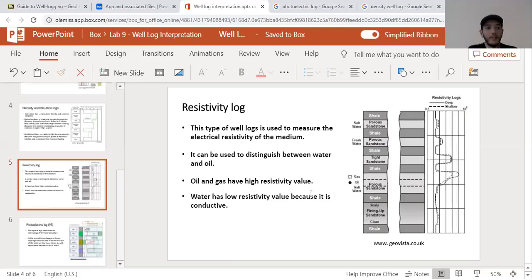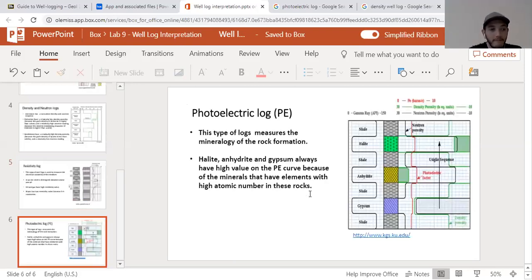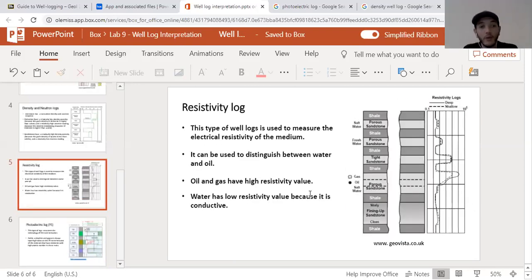Another type of log is the resistivity log. Actually, the resistivity focuses on the liquid trapped in the formation, and it's used mainly to measure the electrical resistivity of the medium. As we see in this section, we have gas, oil, and water.